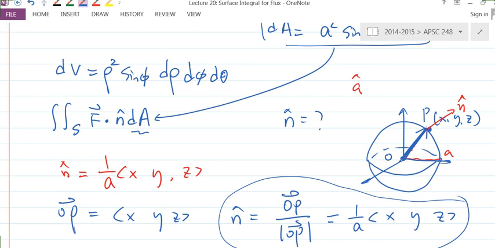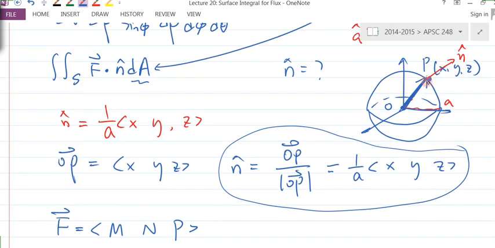It's the same way as you did for the triple integral. If it's a whole sphere, what's the phi range? 0 to pi. And theta is 0 to 2 pi. When you do a triple integral, the idea is to sweep through the whole region. When you do a surface integral, the idea is to sweep through the whole surface.